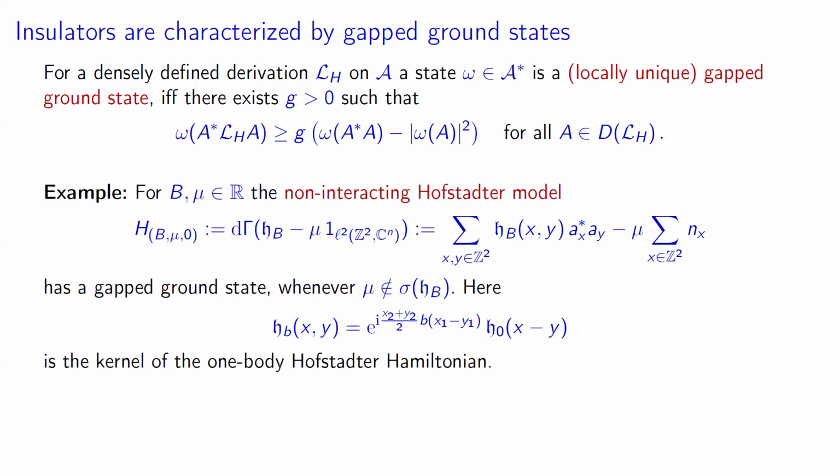In the real Hofstadter Hamiltonian we have nearest neighbor hoppings; this is a quadratic, non-interacting Hamiltonian. And it's not so difficult to prove that if mu lies in a gap of the one-body spectrum in this butterfly, then the corresponding many-body operator has a gapped ground state exactly in this sense.